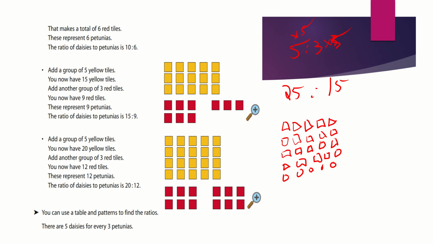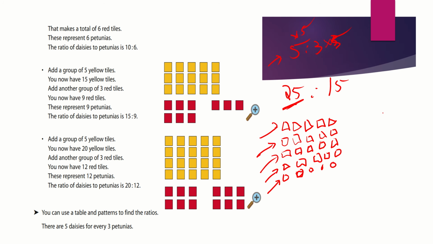Sorry, these shapes are kind of odd. This is supposed to be a square. We'll just say squares. We have 5 groups of 5, so we have our ratio of 5 to 3 here, but we're writing an equivalent ratio.